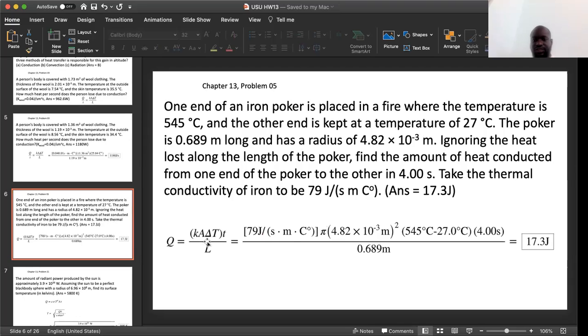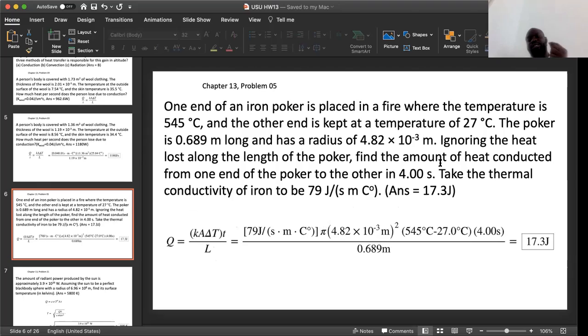The thermal conductivity is given to be 79 joules per second per meter per degree Celsius, times the area, pi times radius squared, that's what you have here, times the temperature change, which is given as 545 minus 27, times the time divided by the length. That's going to give you the amount of heat.